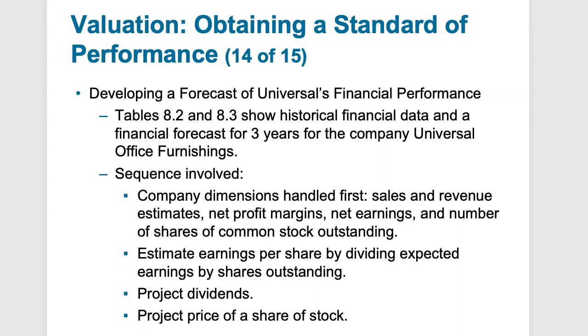Revenues and sales are the same thing, but we're going to look at the estimates for those. That's going to help derive the net profit margin, the total net earnings dollars, and the number of shares outstanding. We're going to estimate earnings per share by dividing expected earnings by outstanding shares, to project dividends and hopefully project a stock price per share.